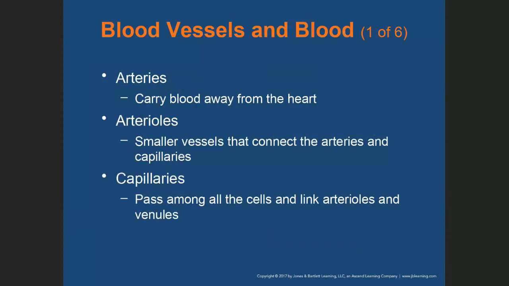Now let's look at the blood vessels and blood. Arteries carry blood away from the heart, with the exception of the coronary arteries, which supply the heart muscle itself with blood. Arterioles are smaller vessels that connect the arteries and capillaries. Capillaries pass among all the cells and link arterioles to venules.